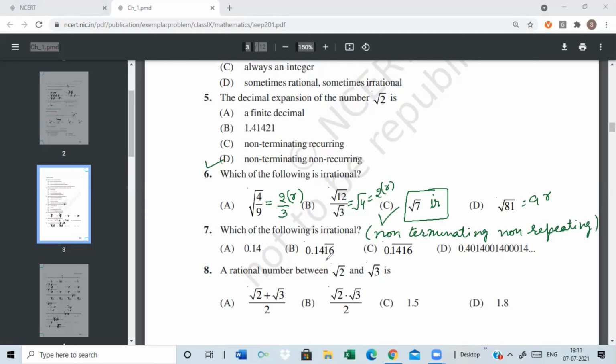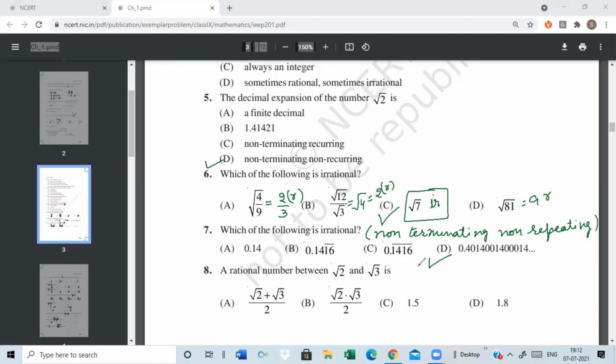The second one is non-terminating, but it is repeating. C is also non-terminating, repeating. But D is non-terminating and non-repeating. So this is an irrational number. Correct?